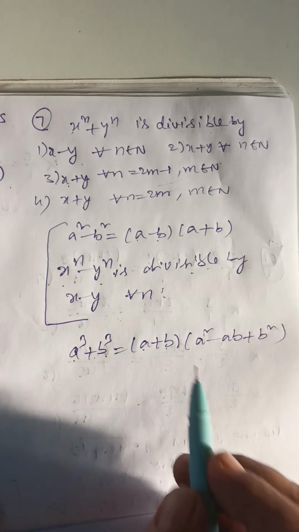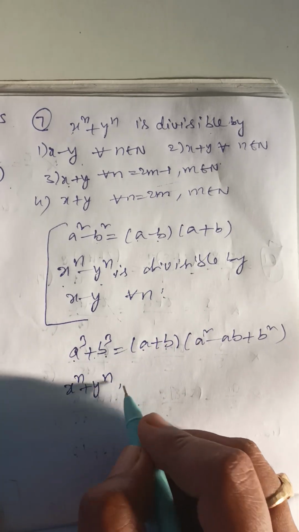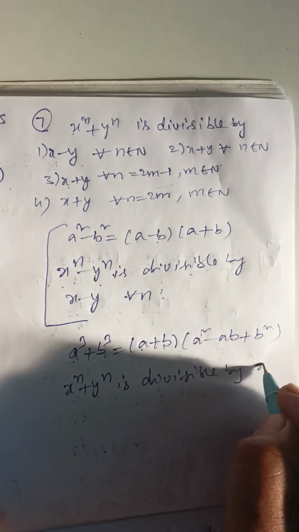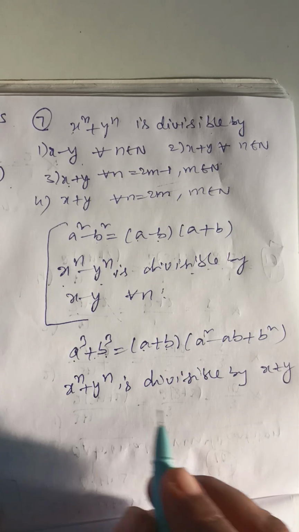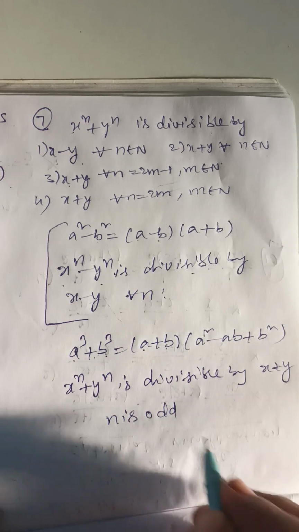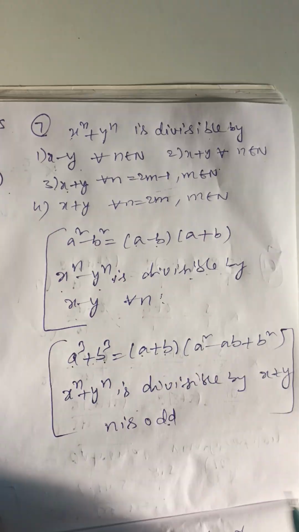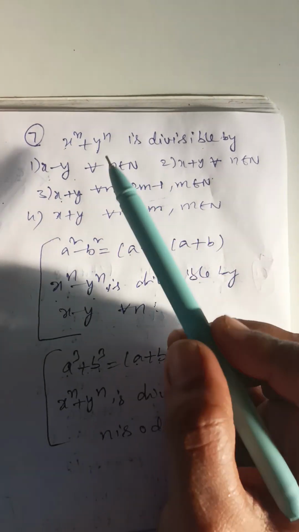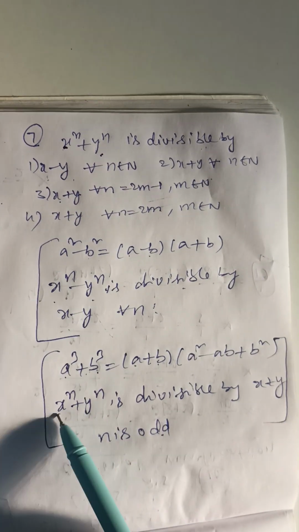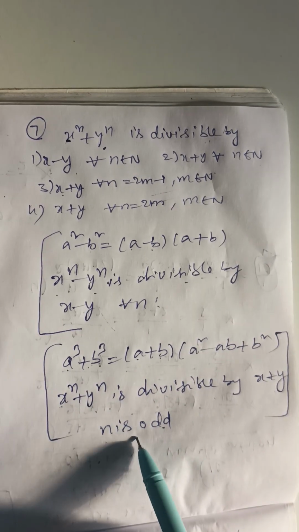In the same way, if n is an odd number, x power n plus y power n is divisible by x plus y only if n is odd, not for all n. This is another note. Then by using these two, x power n plus y power n is divisible by x plus y only if n is odd.